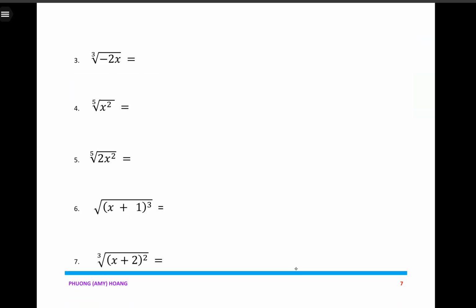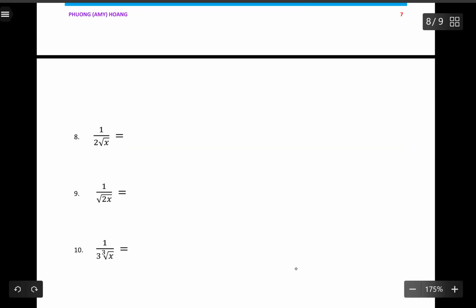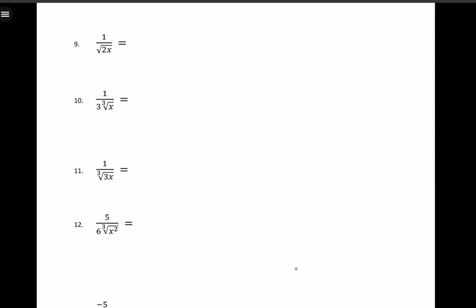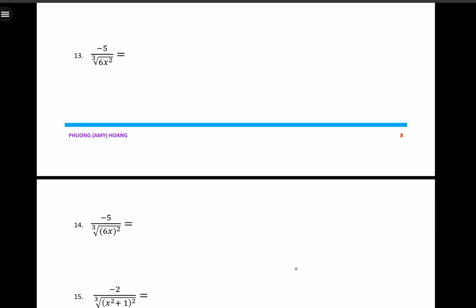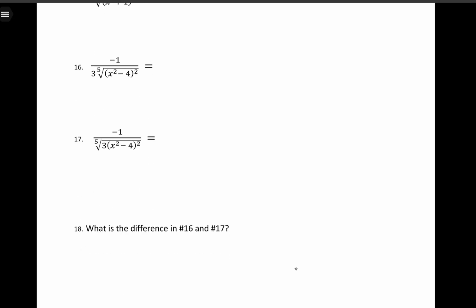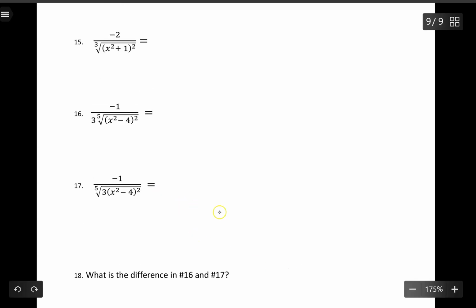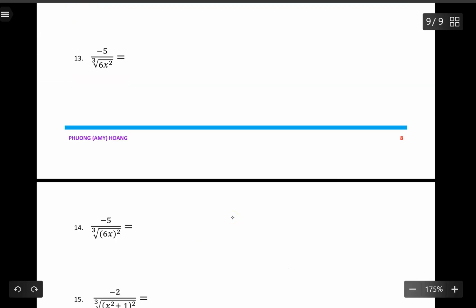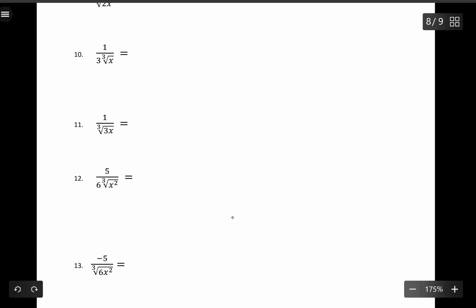The reason I emphasize this and assign everyone quite a bit of questions to work with is because in order for you to do the calculus correctly, you want to build a good foundation, right? So you need to make sure that you master this before you can work with your basic operations of calculus.